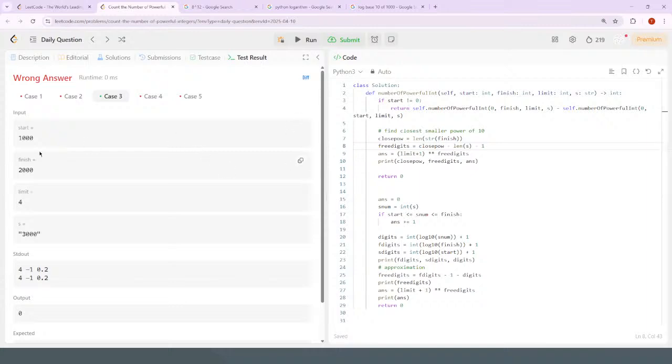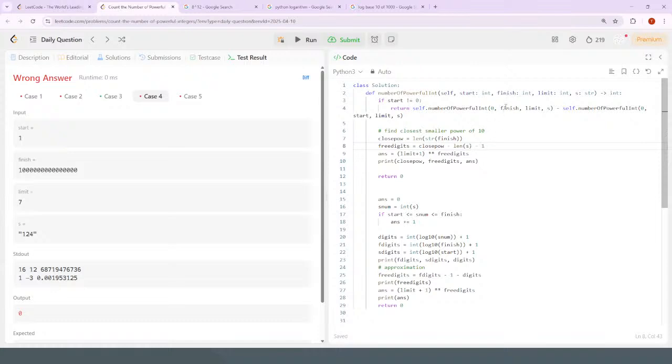Now when you're dealing with the start, where the start might be below your suffix, you want to say that the free digits should just be 0. Right?